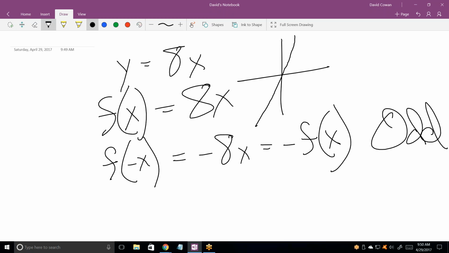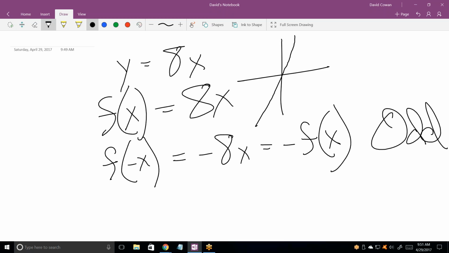It wouldn't be a function. And that's why that ellipse or elliptical looking thing was not a function. No functions can do that because it would violate the function if it had symmetry with the x-axis. That automatically makes it not a function.